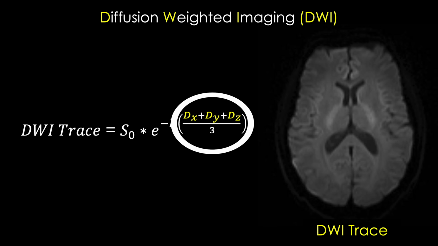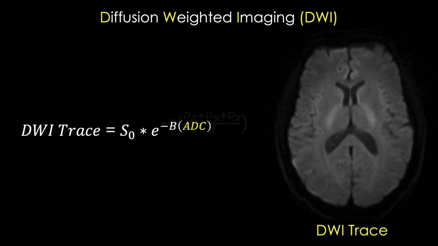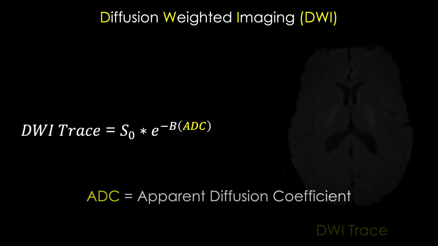Notice this term on the right. We have 3 different diffusion coefficients, Dx, Dy, and Dz, corresponding to the direction of the gradients we applied to detect water motion. But what did we do here? We averaged them, and called this averaged value of the diffusion coefficients the ADC, the apparent diffusion coefficient.